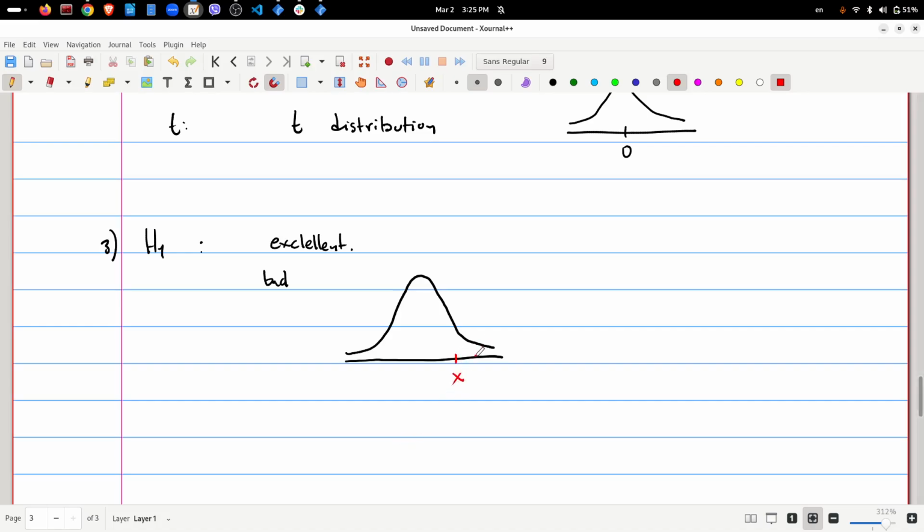If I will not claim now that this x is higher than expected or lower than expected, but I just claim that it's different, it means that I would like to calculate the probability to have a value greater or equal, let's say that this is 0 here, to x, or smaller or equal to minus x.